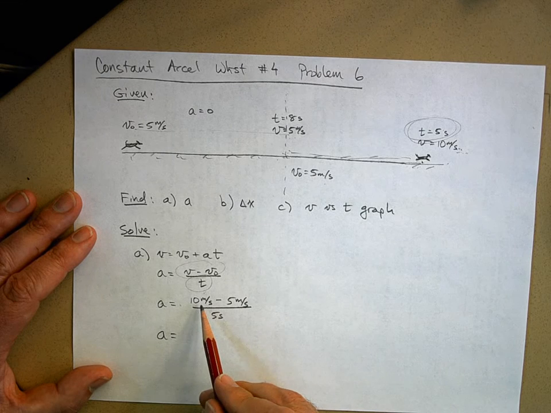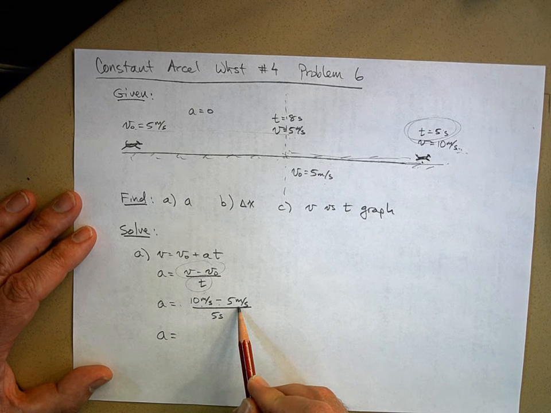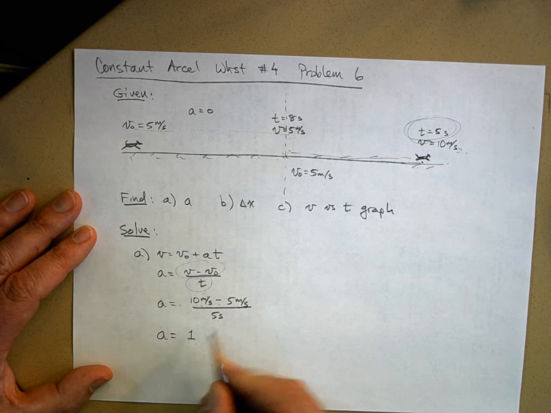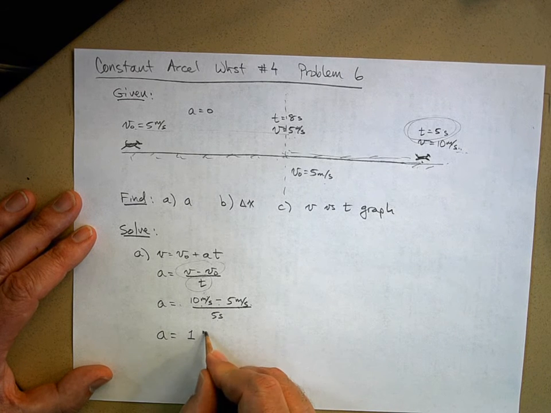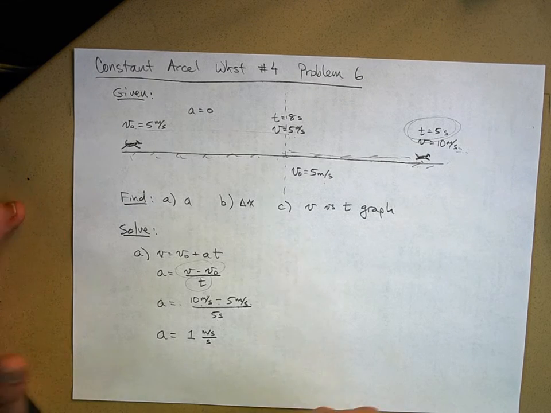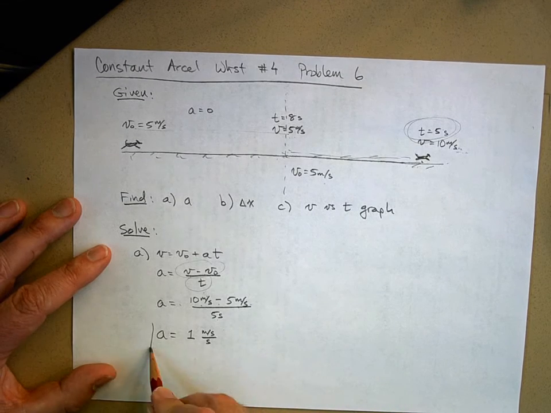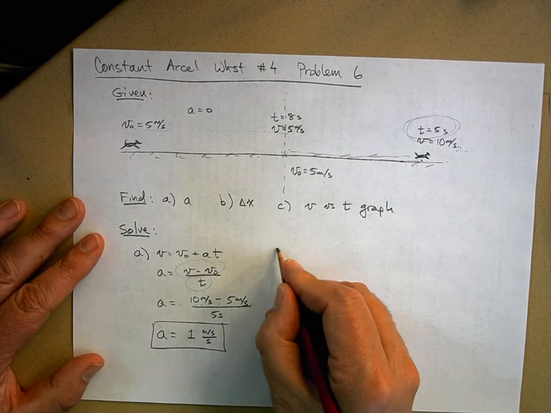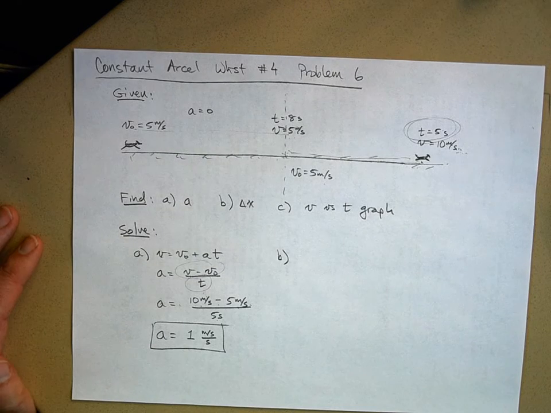So you have 10 minus 5 is 5. 5 divided by 5 is 1. And you get meters per second every second. Or you can call it meters per second squared if you wish. I'm done with part A. Now part B, I need to find delta x.